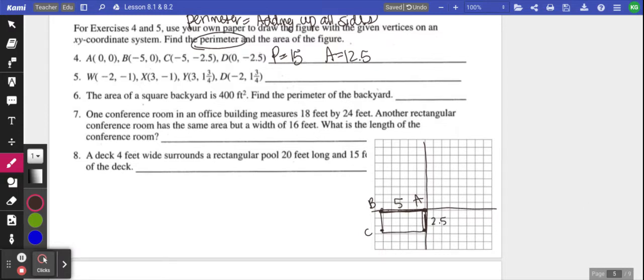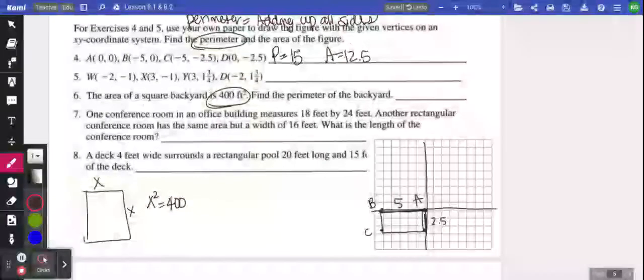Number 6 says the area of a square backyard is 400. Well, if this is a square and we don't know what the length is, the width would also have to be x, because a square has the same sides, from chapter 5 definition of a square. So the area would be length times width, and x times x is x squared. We set that equal to the area, which they give us is 400.